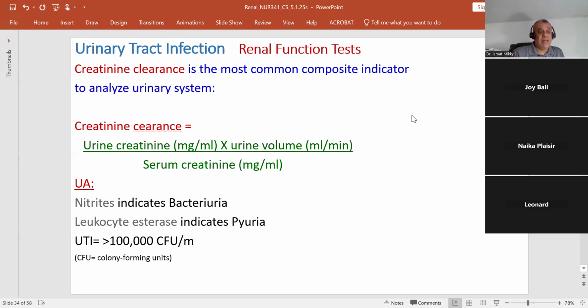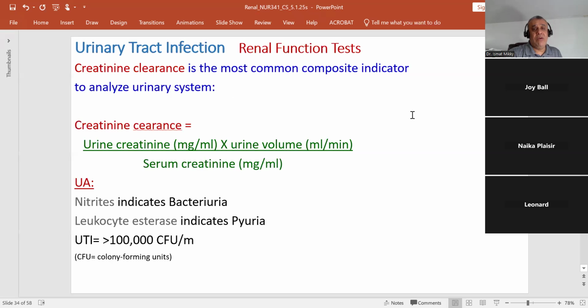Then you also need the urine volume and the serum creatinine from the chemistry. Once you have these three elements, you'll be able to find the creatinine clearance, with the acronym CCR. But again, this is equivalent to the GFR.